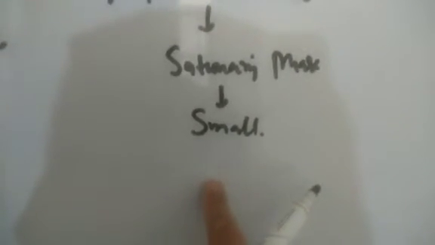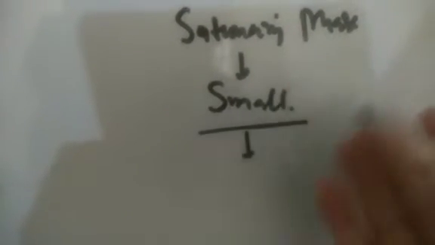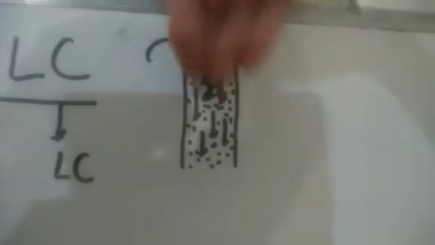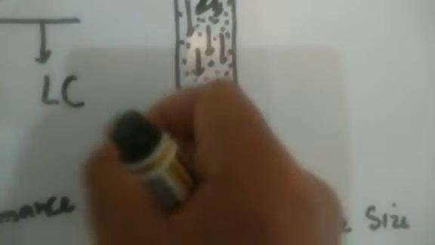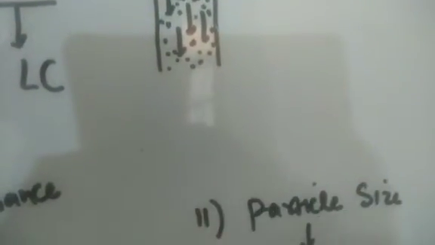Now what that does, हमें पता है जब भी particle size small है, that means surface area is more. ठीक, we'll get more surface area. That means surface area is now more available in the column. इसका मतलब हमारा sample, जब हम ऐड करते हैं इसमें sample, that has more surface area to get absorbed with the surface, or I can say there will be more interactions between the stationary phase and the components of the sample. जब more surface area, more interactions है, that means now it will have better separation.